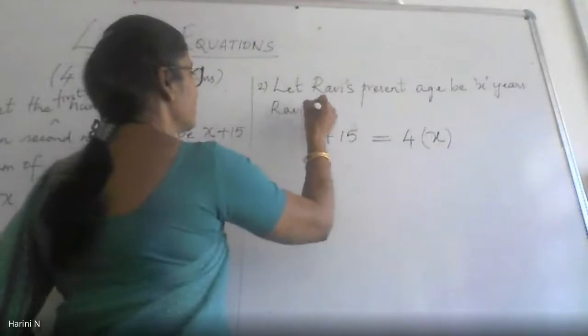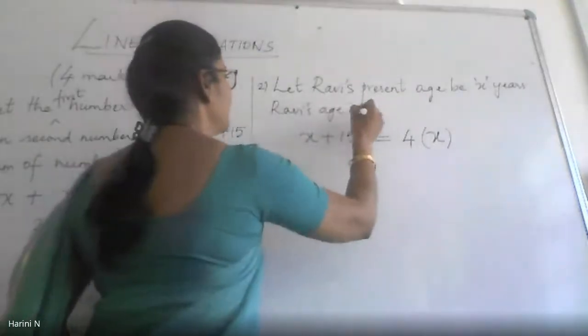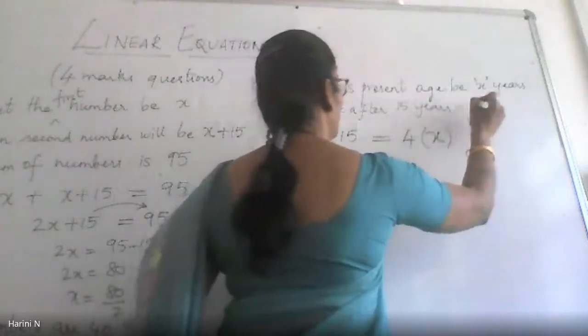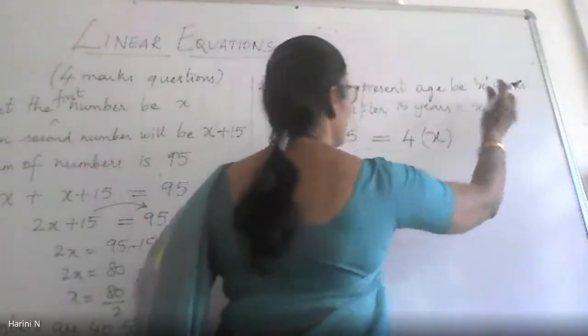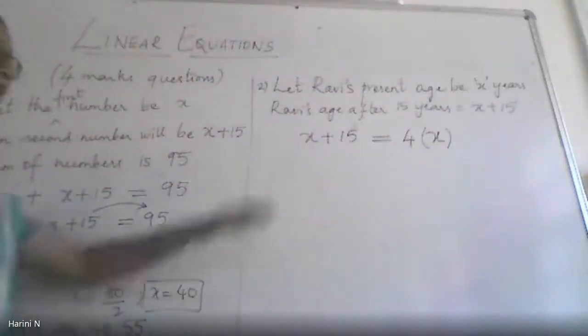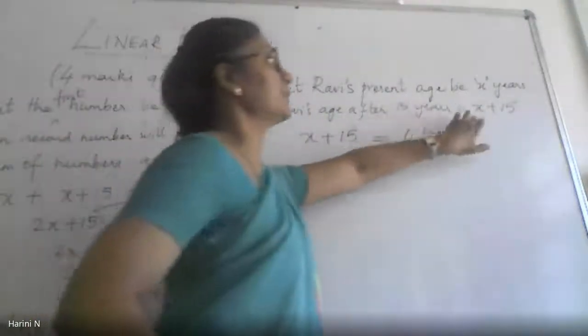Ravi's age after 15 years is equal to x plus 15. Okay, present age is x, 15 years later it is x plus 15. Now there is some relationship given between these two.